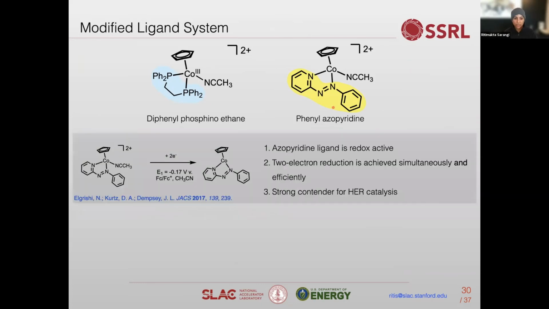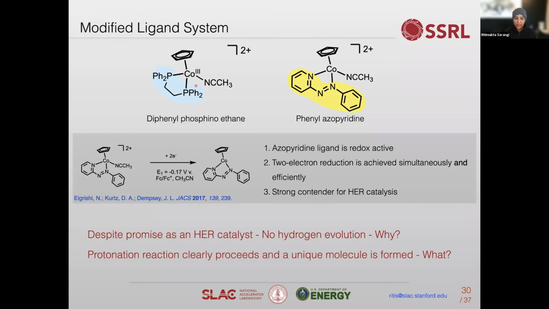Does this do HER catalysis? And what they found is that the 2-electron reduction happens simultaneously and quite efficiently. You can see it's at -0.17 volts relative to the very low potentials of this system, right? And so it was a strong contender for HER catalysis.